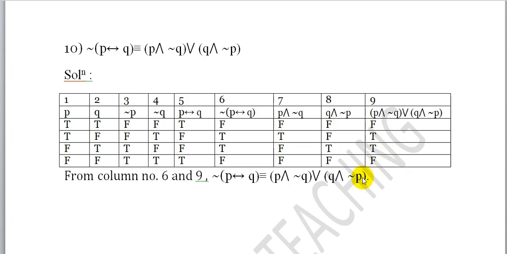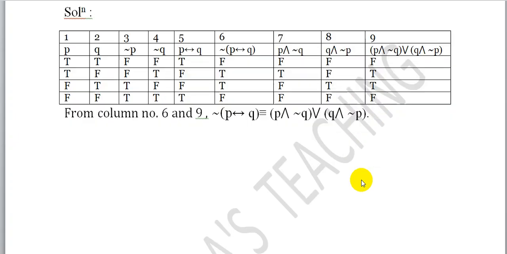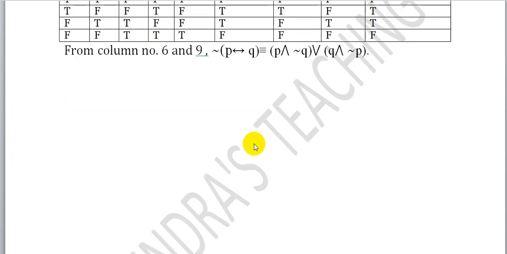So that is the OR rule. After that, we write column number 6, F double T F, and column number 9, F double T F. Negation of P biconditional Q is equivalent to P and negation Q or Q and negation P.